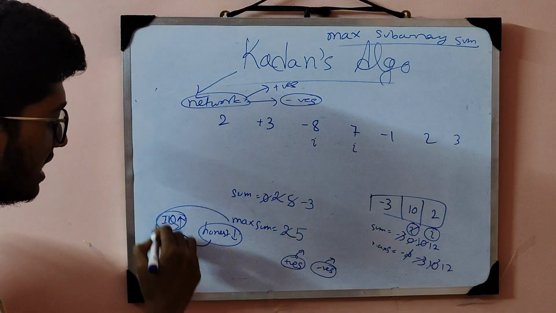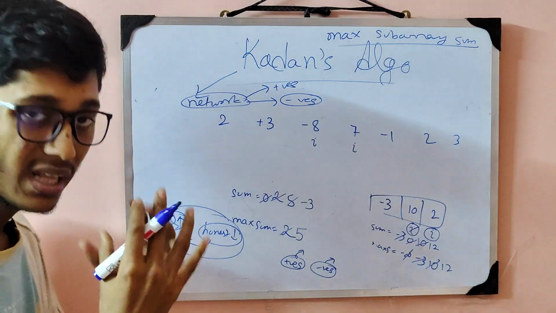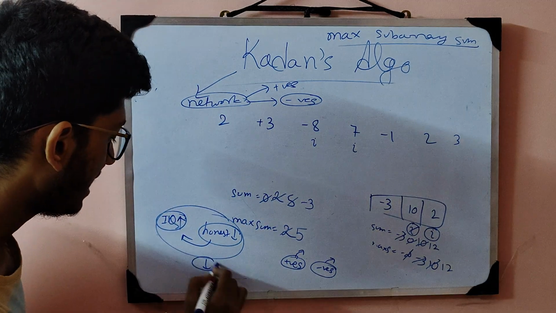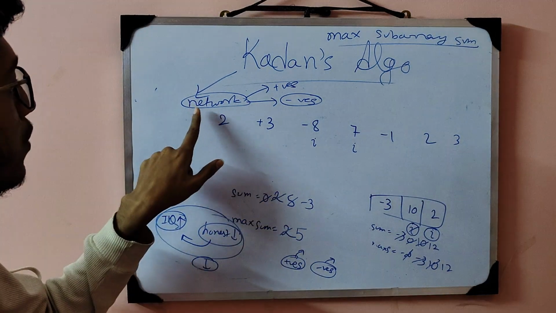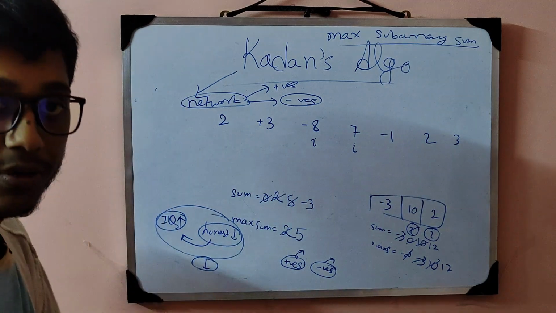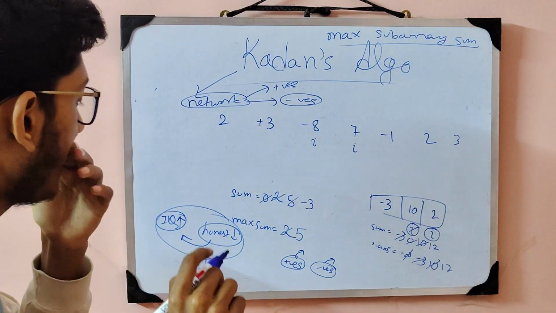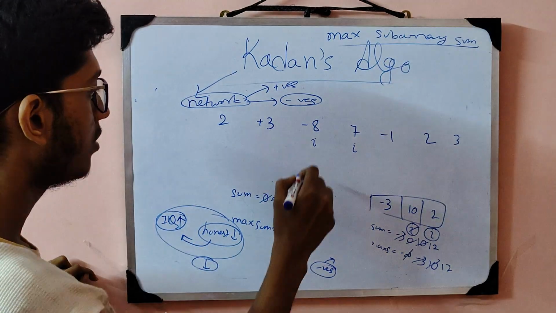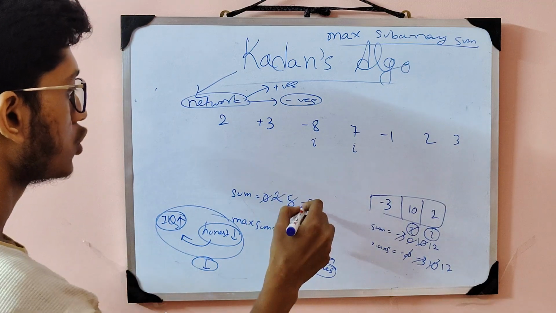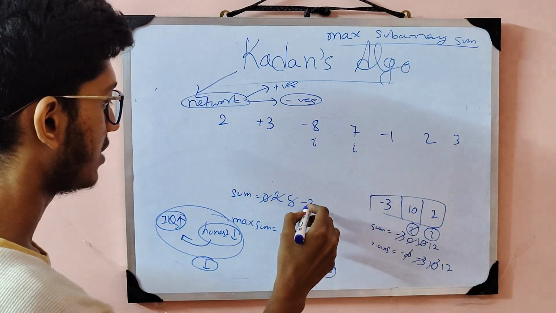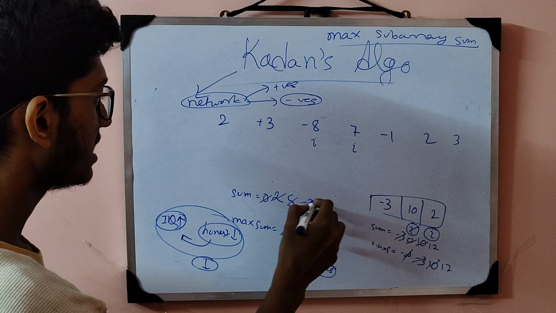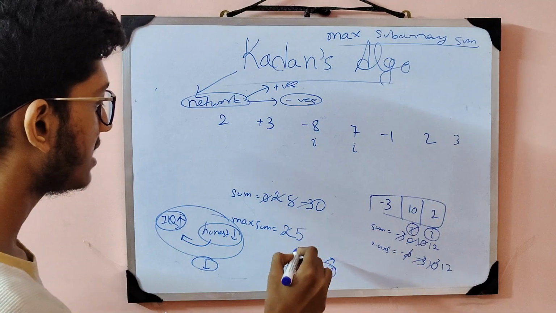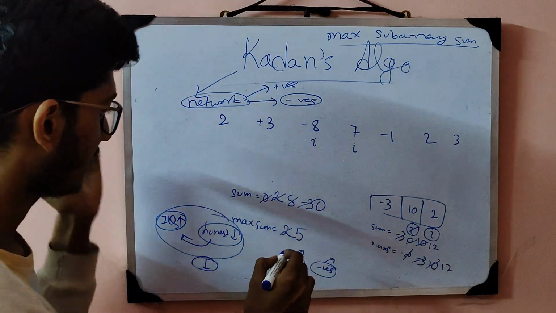As his negative is greater than his positive, his total value becomes negative, and as his total value becomes negative, Kadane will not include him in his network. That way, we will be considering this algorithm. So minus 3, we will not consider minus 3. Why? Because we will set it to 0, and my maximum is 5.